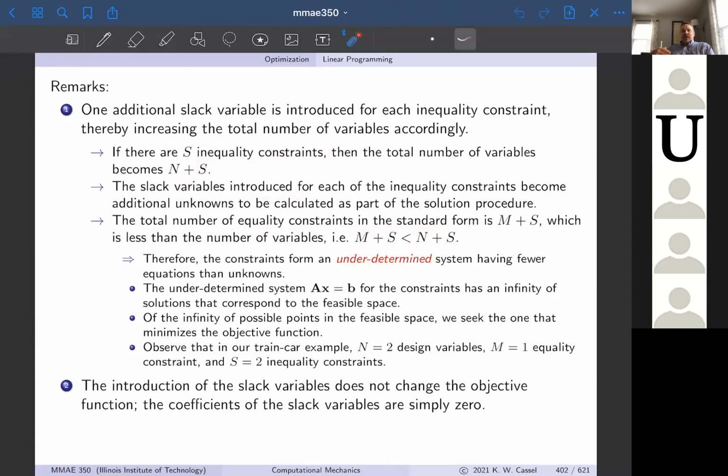That's actually what we want in the optimization context, because the optimization is going to then determine which of the possible feasible solutions that you get from your system of constraints, that's the feasible space, is the actual optimal solution. So it's underdetermined, and that's exactly what we want in this case. So this is why we actually talk about those different cases when we discuss linear algebra, even for engineers.